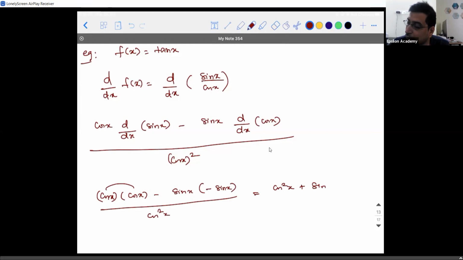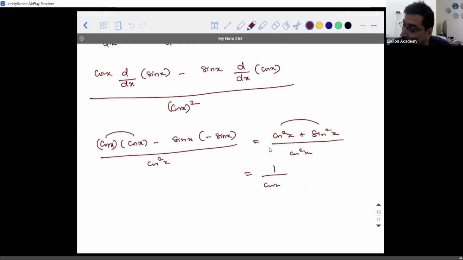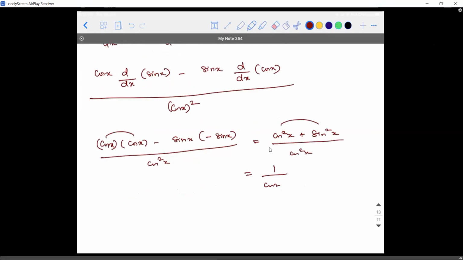So cos square x plus sin square x is going to give you 1. 1 divided by cos square x is how much? Secant square x.